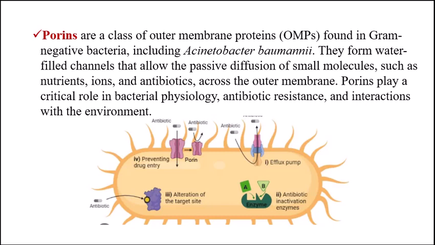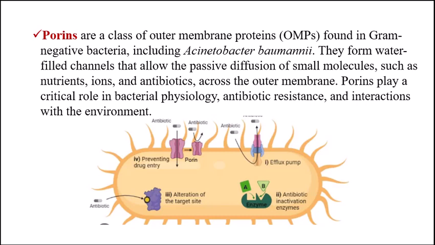If we look at this figure, we see that porins are special outer membrane proteins. As we said before, they are found in gram-negative bacteria. So porins let small substances pass in and out of the bacteria. Nutrients, ions, small molecules, even some antibiotics. This happens by passive diffusion.